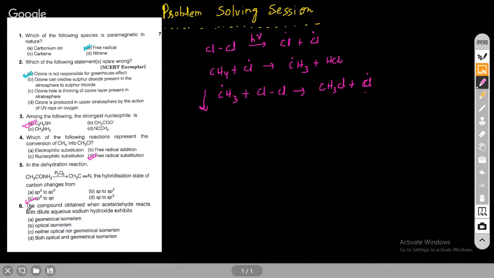Okay. You tell me what reaction this is. What is the name of this reaction? Question number 6.